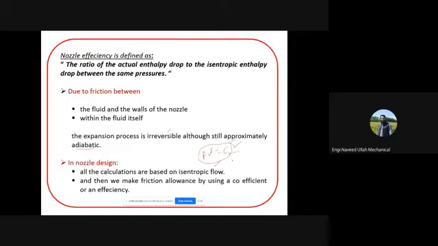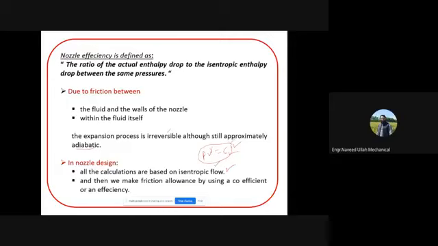But then what do you do? After that you can include this nozzle efficiency to make the calculation more precise. Okay, so here it is also written, all the calculations are based on isentropic flow. Why? Because it makes the process very simple.